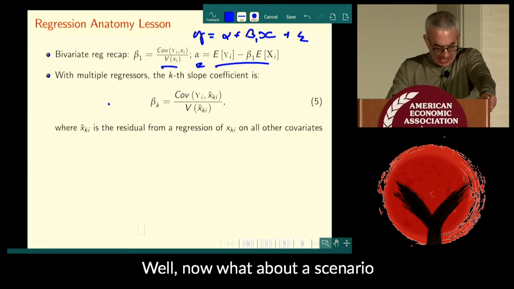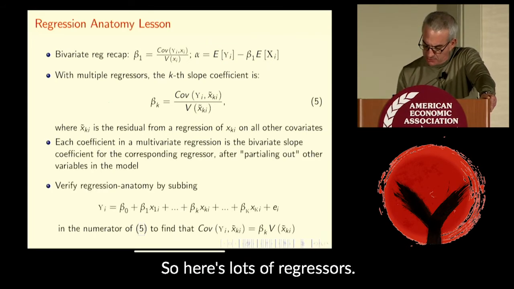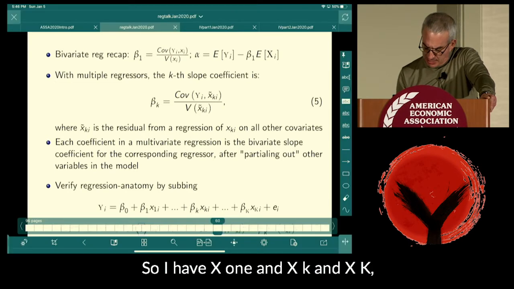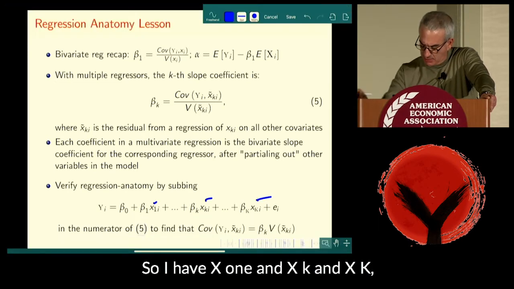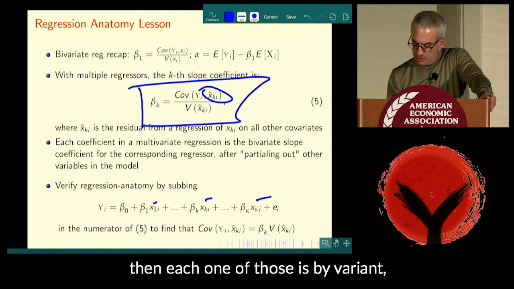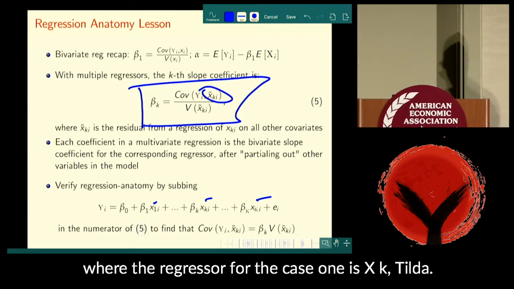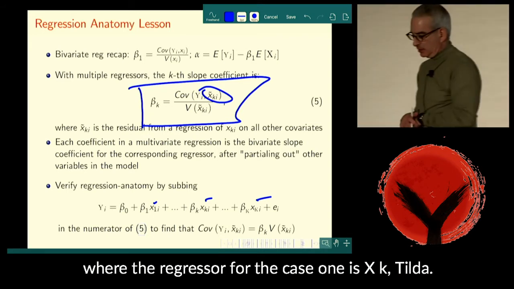Well, now what about a scenario where I have lots of regressors? So here's lots of regressors: I have x1 through xk, up to capital K. Then each one of those is bivariate, where the regressor for the kth one is xk tilde.